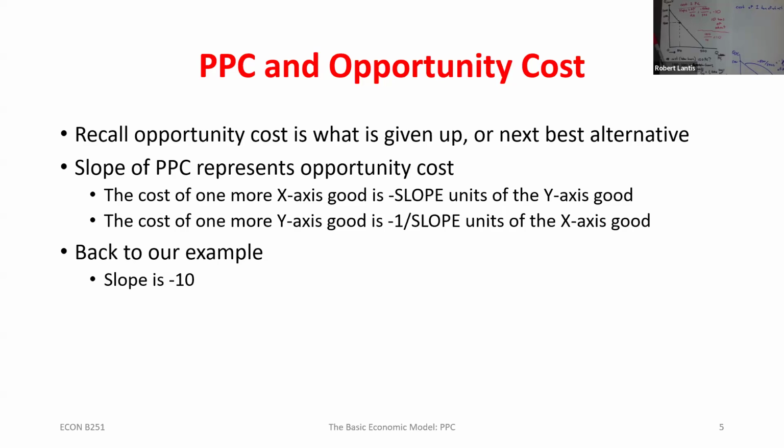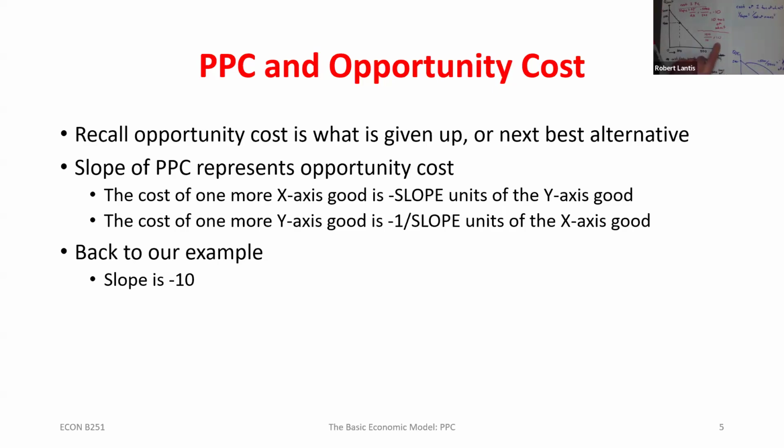But this means I'm going to have to redraw this every single time. If I've already got this drawn out and I already know the cost of my x-axis good, what will always be the case is the cost of my y-axis good will always be just 1 over the slope, or 1 over the cost of whatever good is on our x-axis.